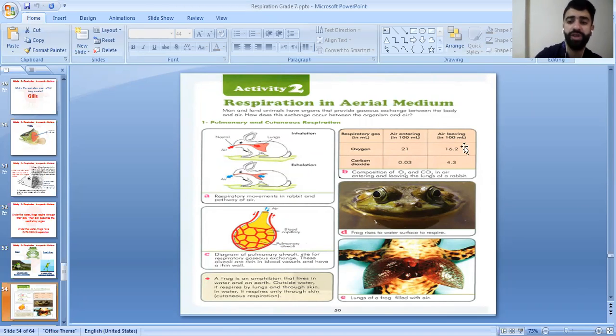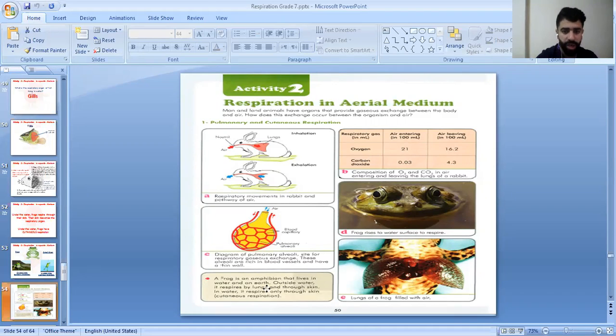The quantity of carbon dioxide was 0.03 in the air entering the lungs, which is less than the quantity of carbon dioxide in the air leaving the lungs, which is 4.3 milliliter in 100 milliliter.